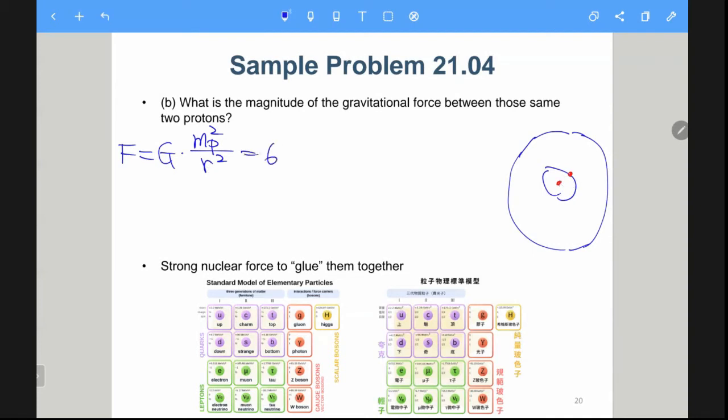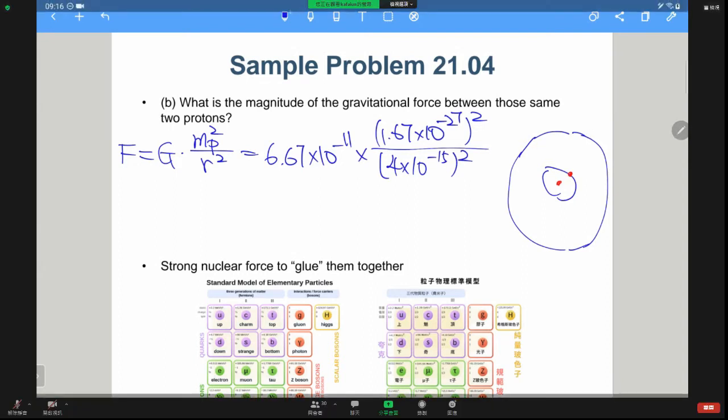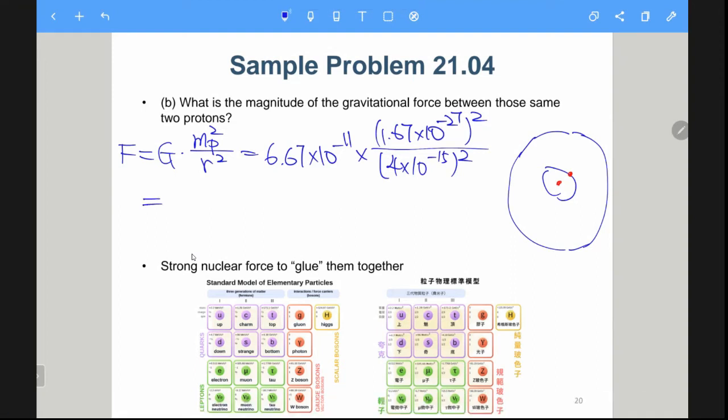So G is 6.67 times 10 to the minus 11, and then times 1.67 times 10 to the minus 27 kilogram, squared, over the same distance r, which is 4 times 10 to the minus 15, quantity squared. So here the force is nothing but 1.2 times 10 to the minus 35 Newton.